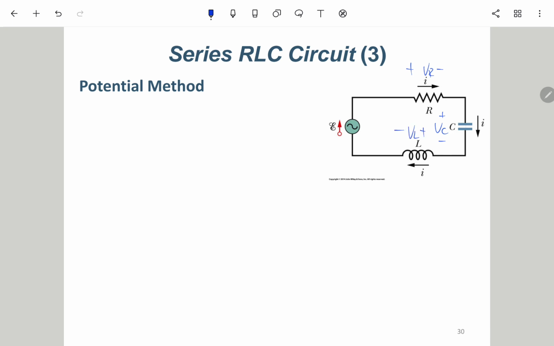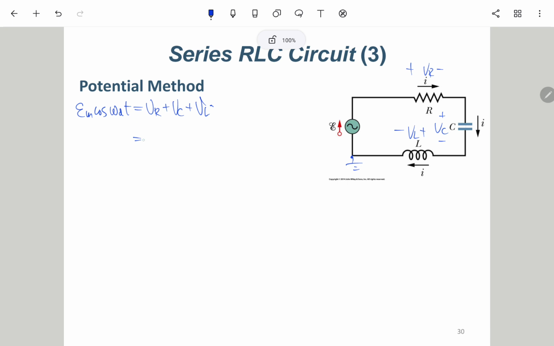So in this case, we have EM cosine of omega dt equals VR plus VC plus VL. Okay, so this is the KVL. So this is the ground, and then going this way a positive value, and then there will be voltage drop. So equals VR, VC, VL.